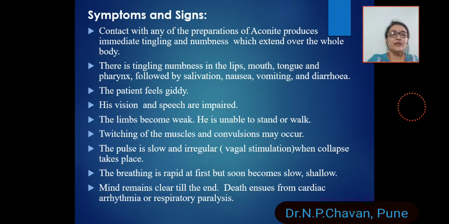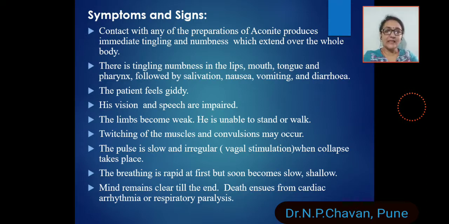Firstly, when it comes in contact with any preparation of the aconite, it produces immediately a tingling numbness which gets extended all over the body. There is tingling numbness in the lips, mouth, tongue, and pharynx, which is followed by salivation, nausea, vomiting, and diarrhea.